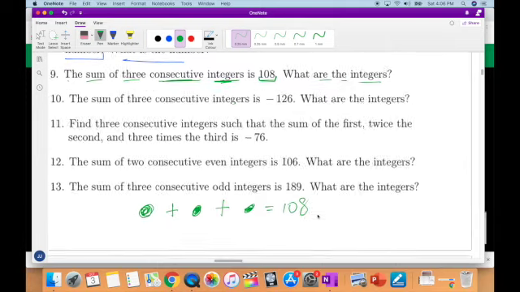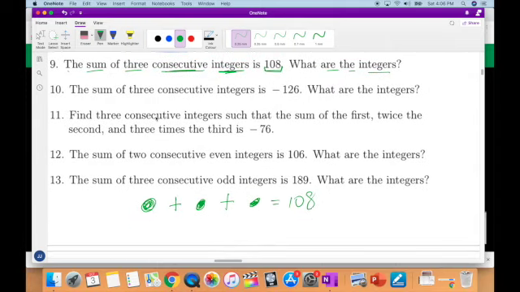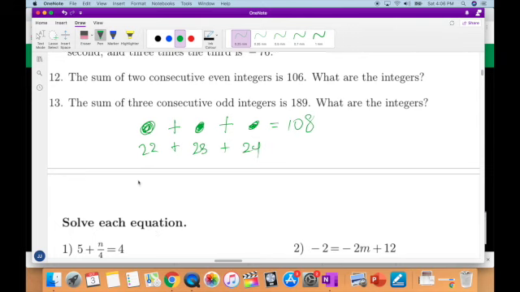Where's the other clue that they give me? They give me that these 3 numbers are consecutive, which means that if one of them is 22, then the other is going to be 23, and the next one is going to be 24. And if this was 45, then this would be 46, and this would be 47.